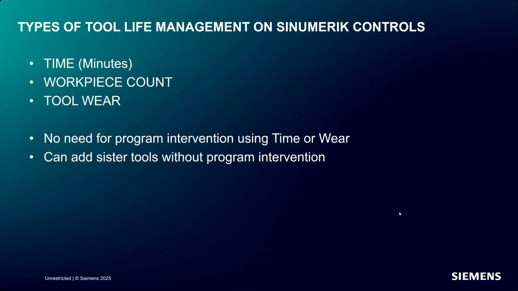Now, there is one little line that we have to add for workpiece count, and we'll look at that in a second. But as far as time and wear, we don't have to do anything to the program. And when you're somebody like us that had 700 catalog items, that could be a serious problem.